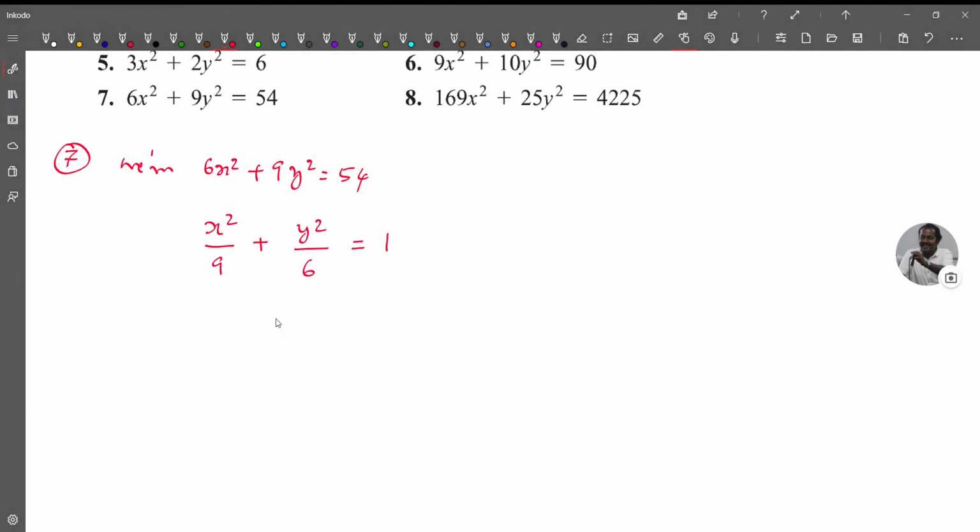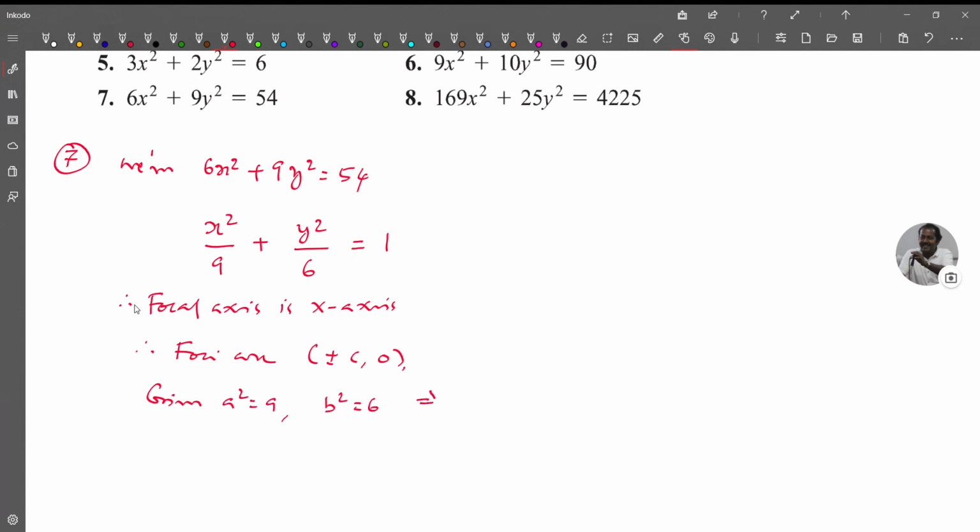From this standard equation we have focal axis is the x-axis. Therefore foci are (plus or minus c, 0). So given that a square is equal to 9, b square is equal to 6. So this implies a is equal to 3 and b is equal to root 6.